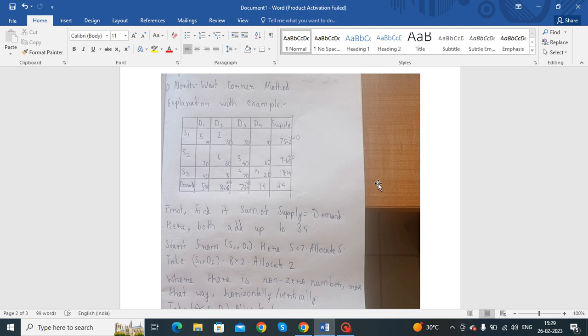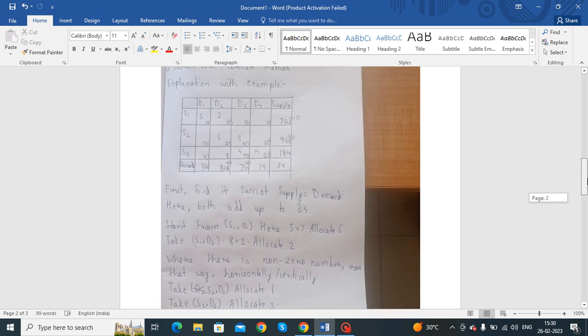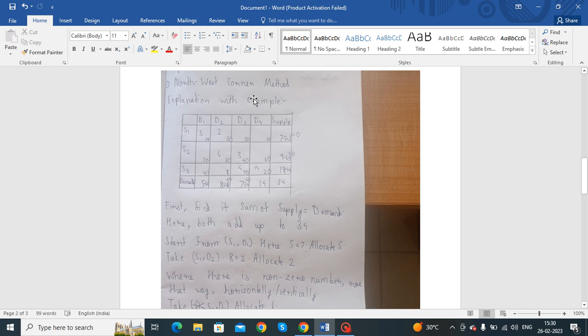So first, taking the northwest corner, meaning we have to take the value in S1D1, which in this case is 19. Now, we have to compare the supply and demand. For S1, supply is 7, for D1 it is 5. Since 5 is less than 7, we allocate 5 here as our X11, and after allocating, we subtract 5 from 7 and 5, for which we will get 2 and 0.